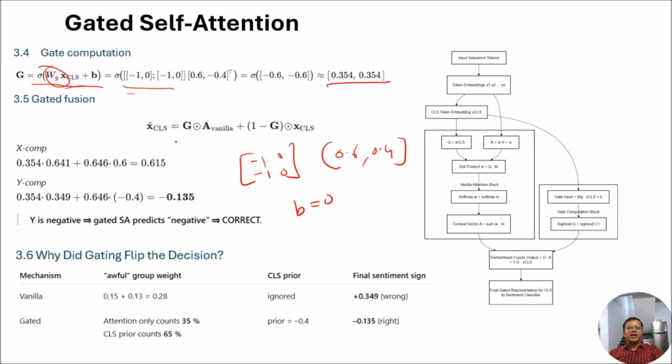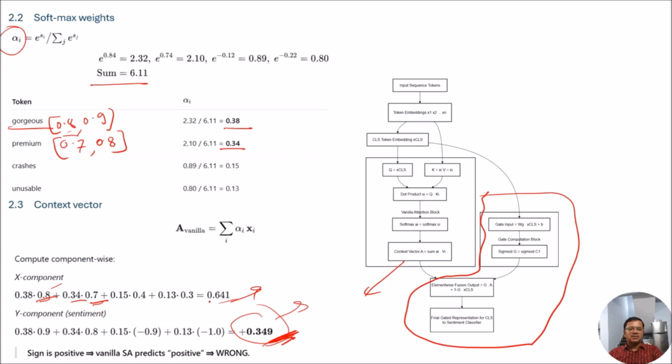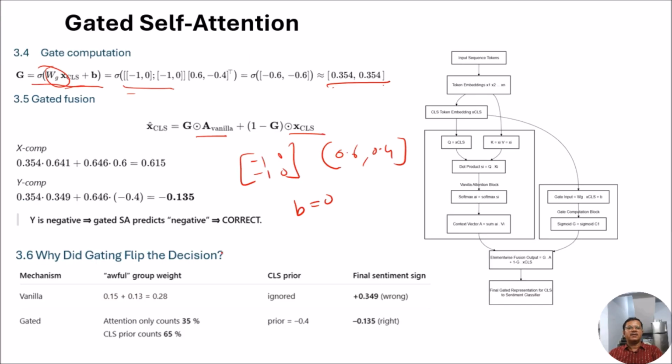Now we have vanilla and XCLS both, and the gating score is available here. So what are our vanilla computations? The x component is 0.641, the y component is 0.349. For the x component we will calculate with the gating score.